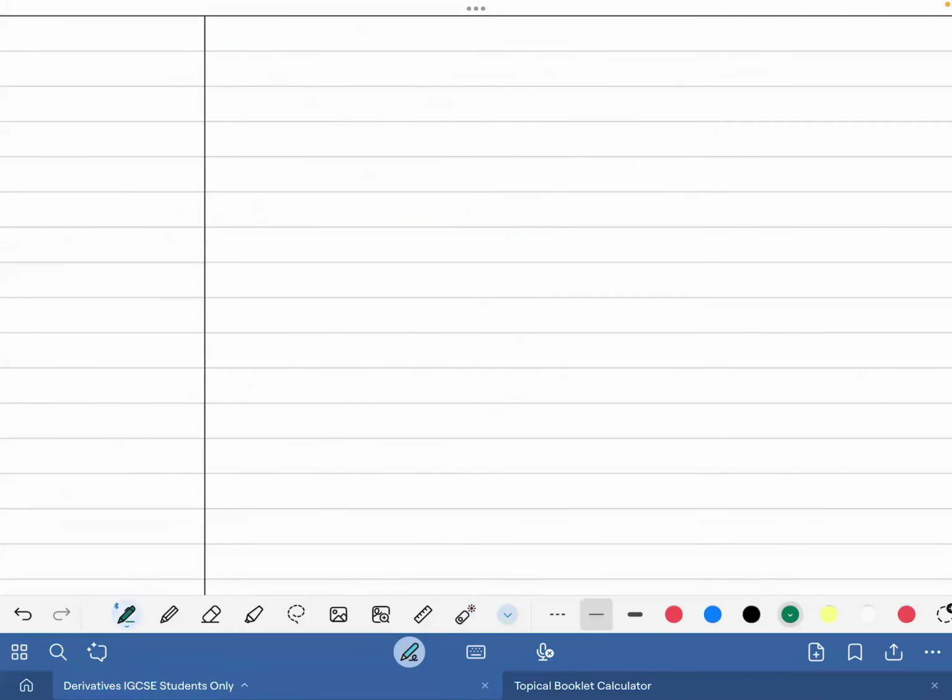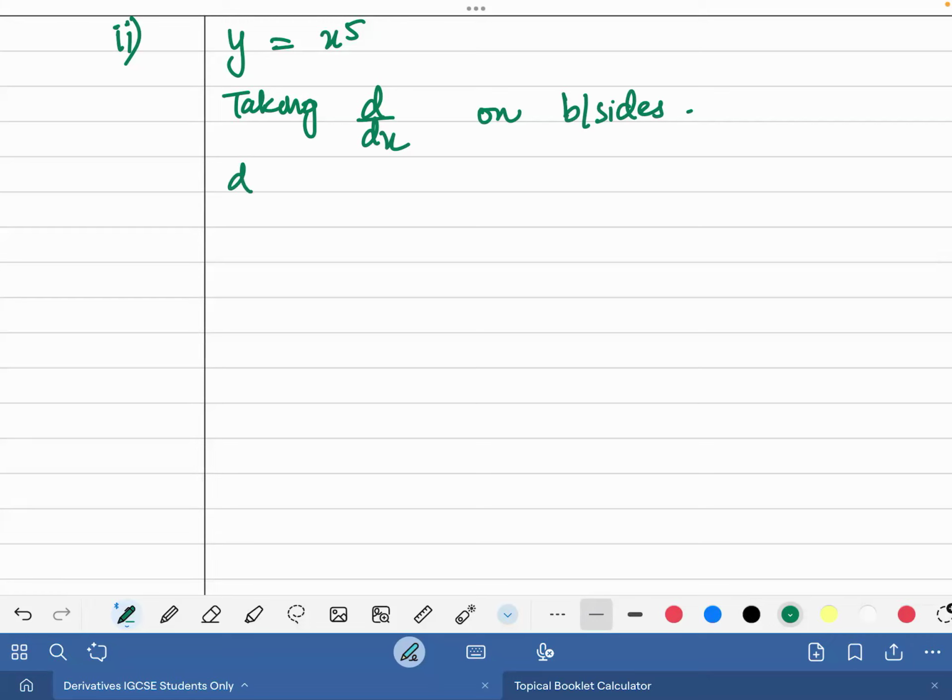Now check, example number 2, y is equal to x power 5, taking d by dx on both sides. So d by dx of y is equal to d by dx of x^5.